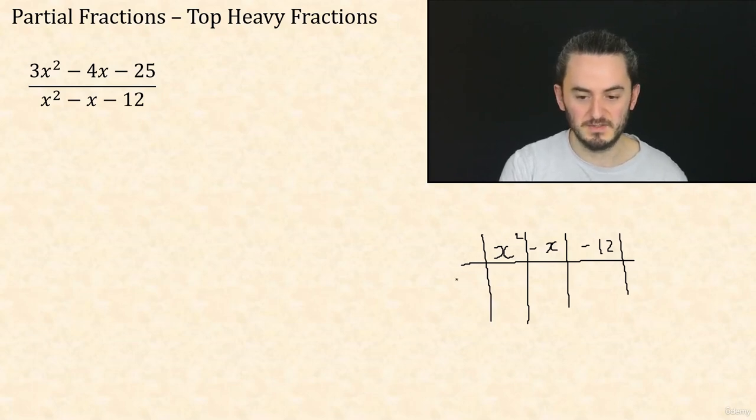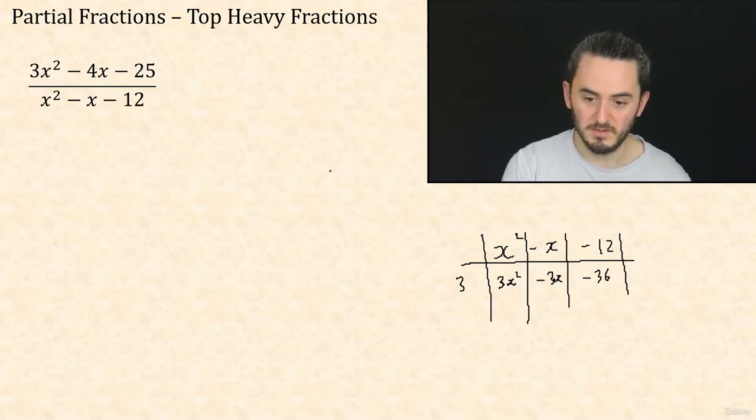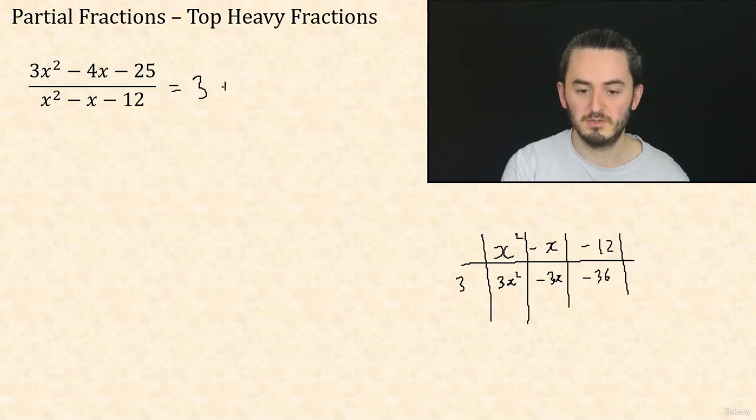And that constant is 3, because that gives me 3x squared, and at least it matches the first term. But look, I also get minus 3x and minus 36. So what I know now is therefore that this quadratic divided by this quadratic is 3. But what's the remainder?